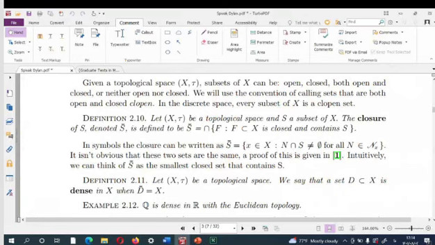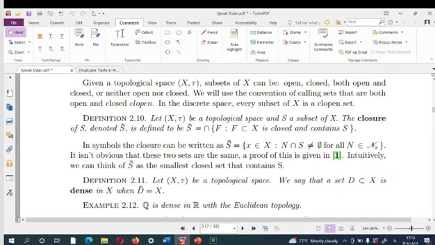And also we have this equality, whose proof is not difficult. You can prove this.